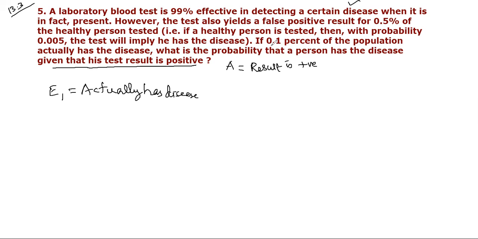This is 0.1% has disease. This is the overall population which has disease. So E1 will be 0.1%. That means 0.1% of the total population has disease, and the rest of the population actually does not have the disease.